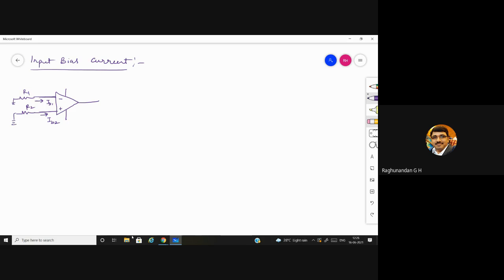Ideally speaking, both should be the same. But practically, there might be some small change because of the doping concentration. So IB will be taken as IB1 plus IB2 divided by 2. We take the average of these two, and that will be the input bias current.